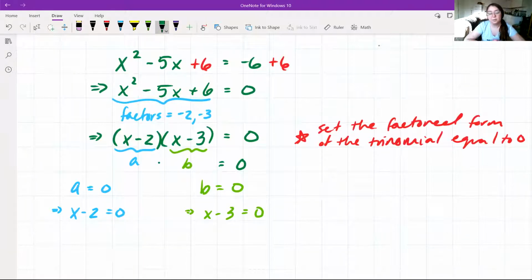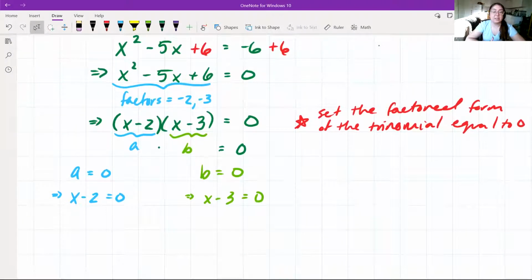So now we can solve them separately. We said that x minus 2 is equal to 0. All we do is add 2 to both sides to get a solution of x. This gives us x is equal to 2. And same thing for x minus 3. We add 3 to both sides, and this gives us x is equal to 3.